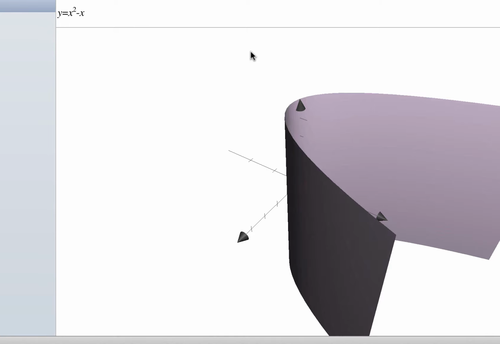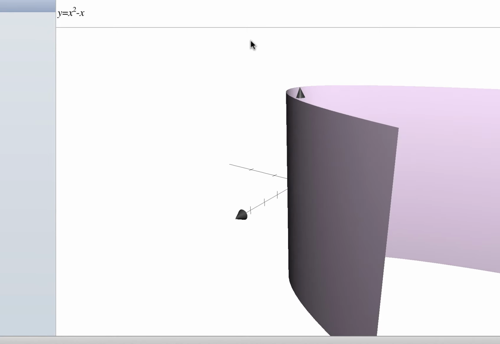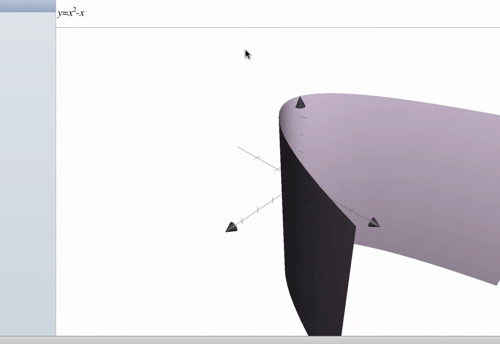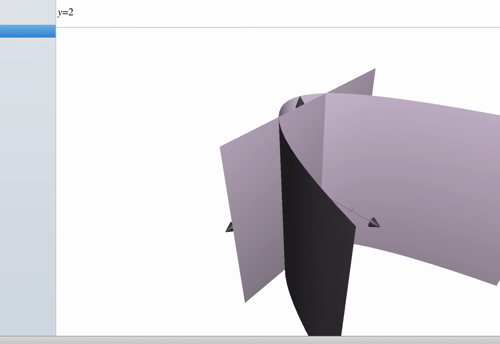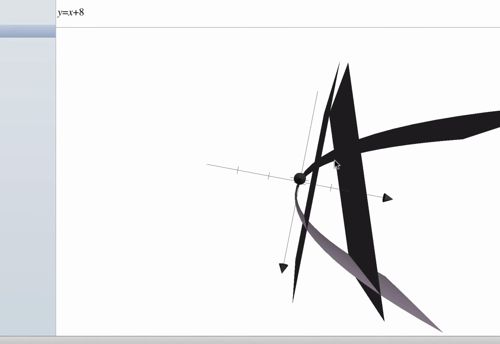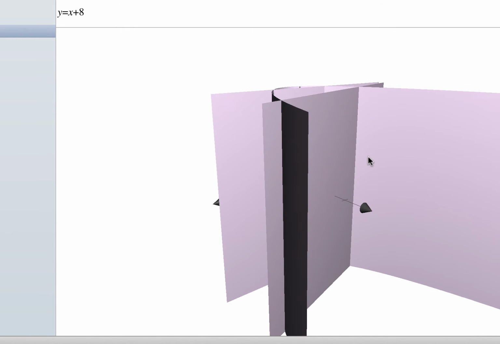This is our parabola, y equals x squared minus x. You can see in three-dimensional space it's a parabolic cylinder. Now we also have y equals 2 and y equals x plus 8. So this is the same region we just sketched. But now we're talking about a solid that has a bottom surface and a top surface. The bottom surface is z equals 1.